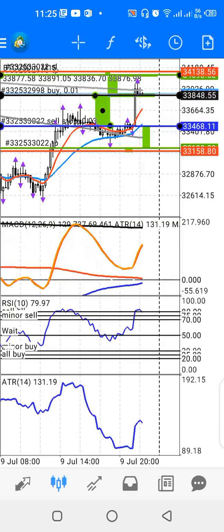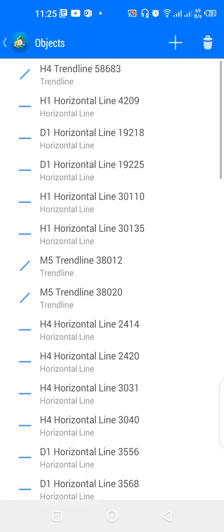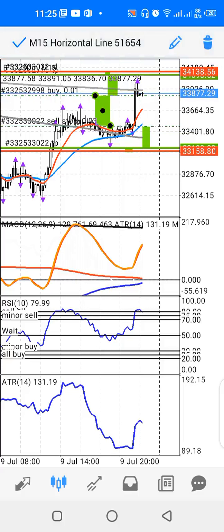If you look at the screen, let me remove all that I have here so that we look at the indicator settings for this strategy.